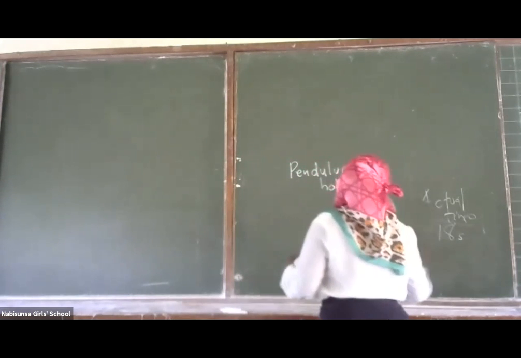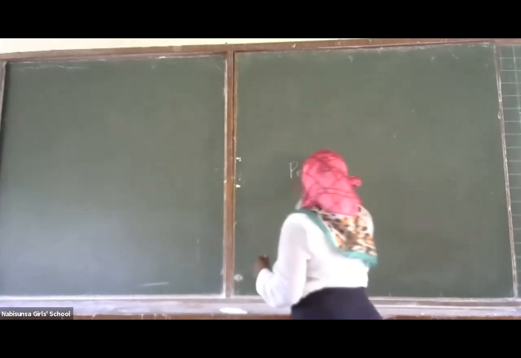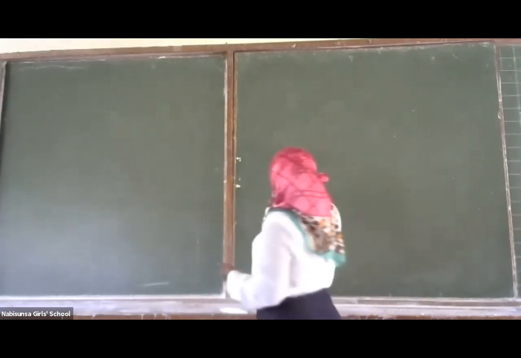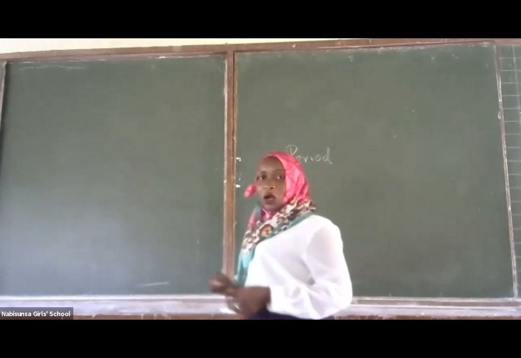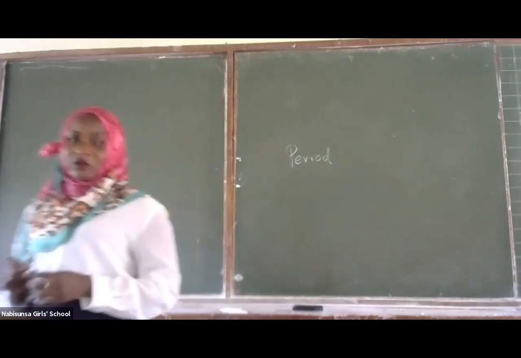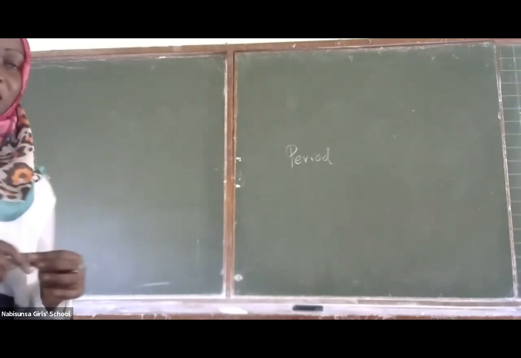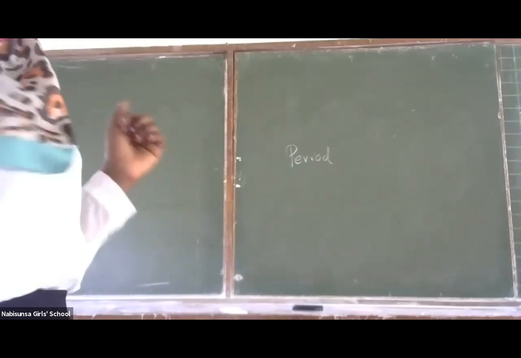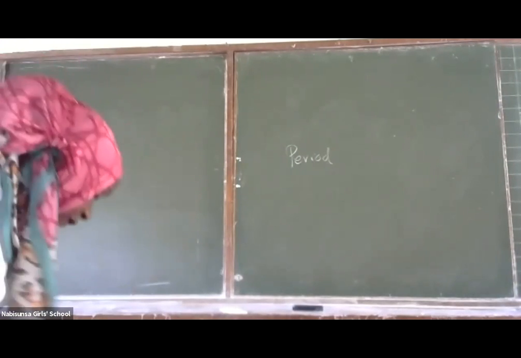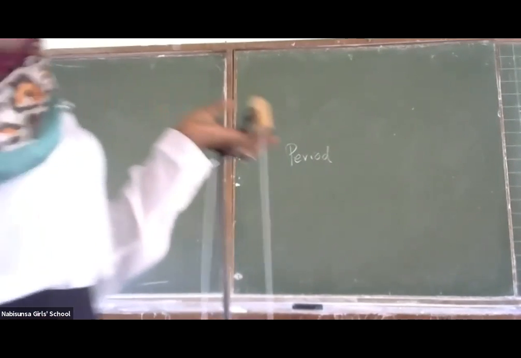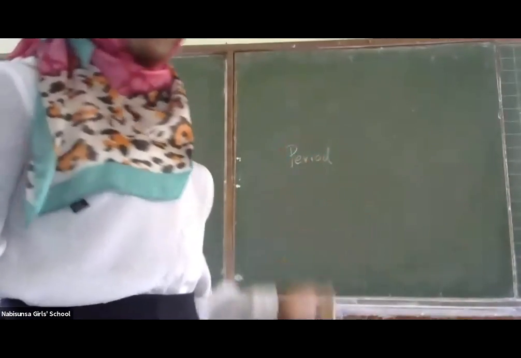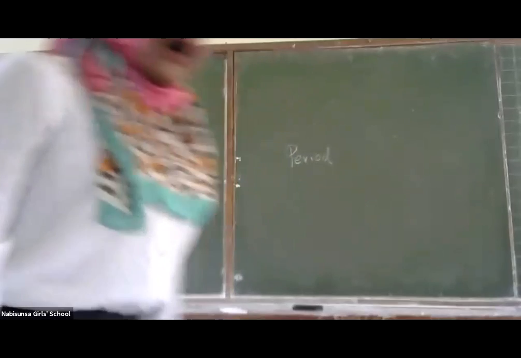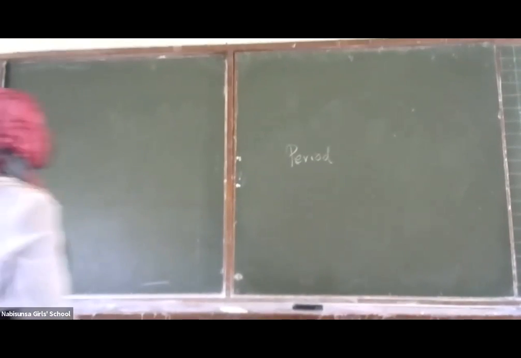Now, the other thing that we can get from time in physics is called period. Okay? Period is another important quantity in physics, and we can also obtain it in the lab using a pendulum bulb and a string, the same way we were doing it. How do we get period? Period is got from time.